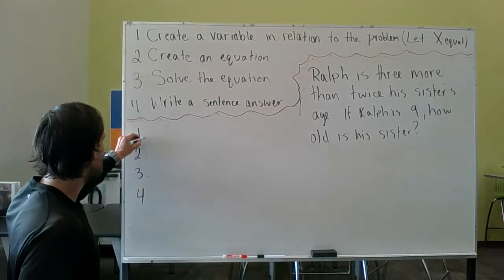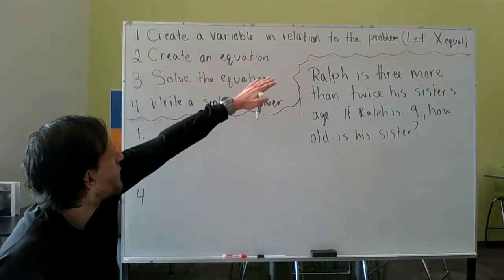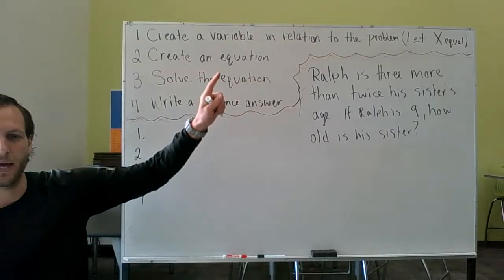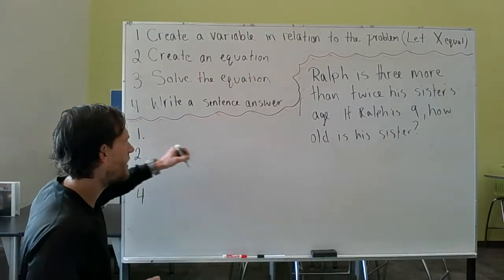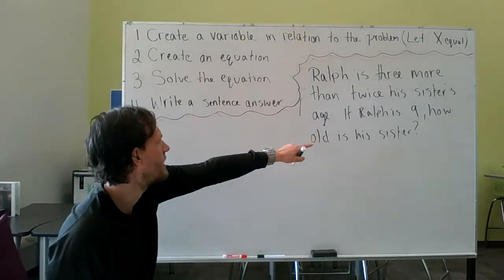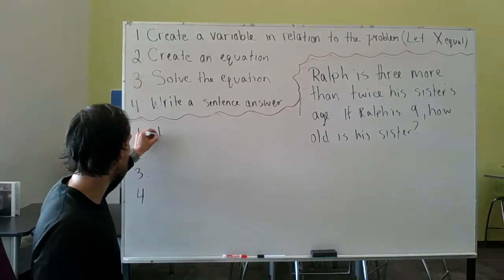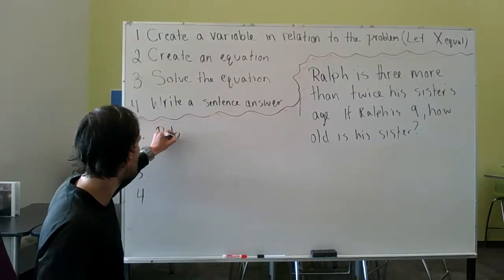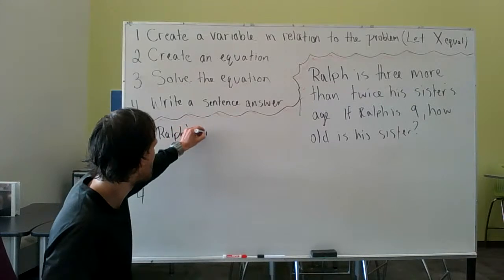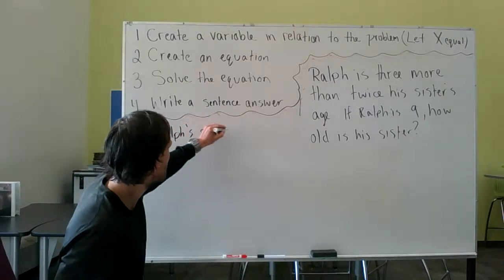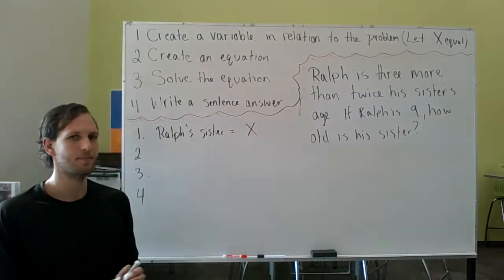I'll help you with the first one. It says create a variable in relation to the problem. So x equals, in this case, how old is Ralph's sister? That's what we want to know. So Ralph's sister would be x.